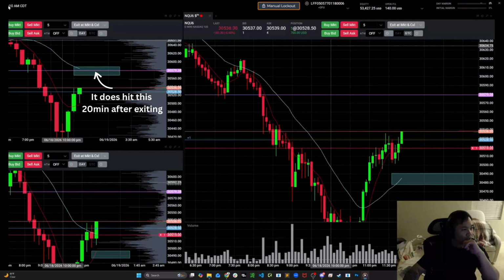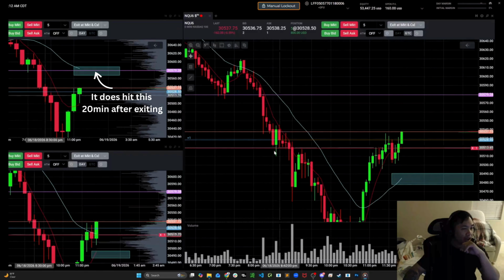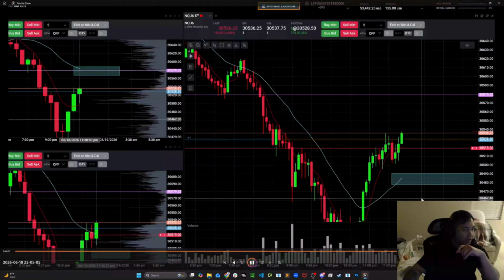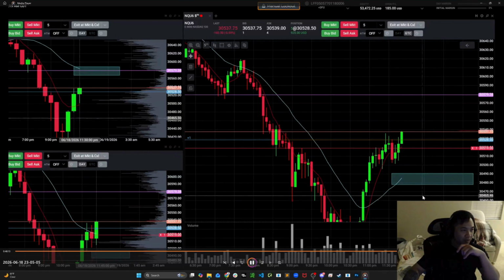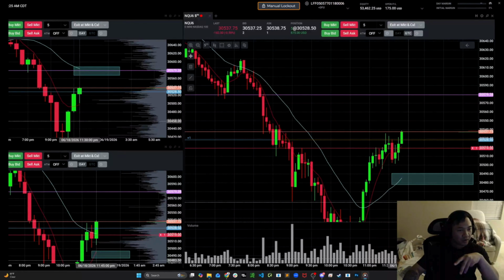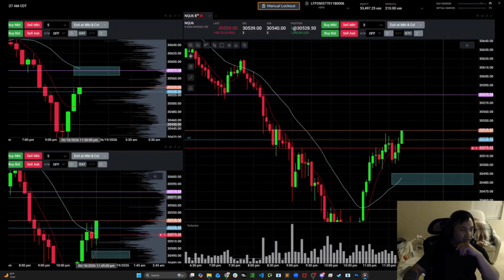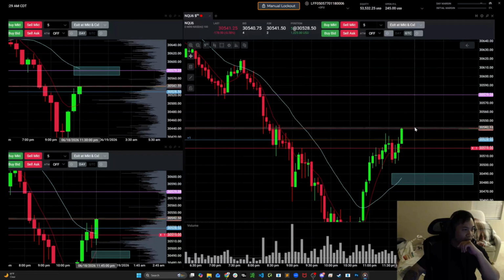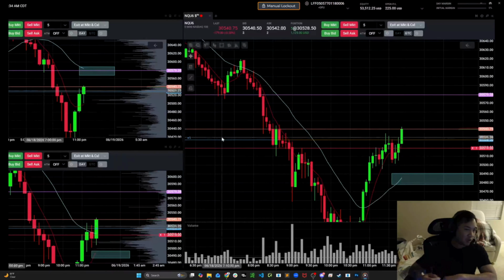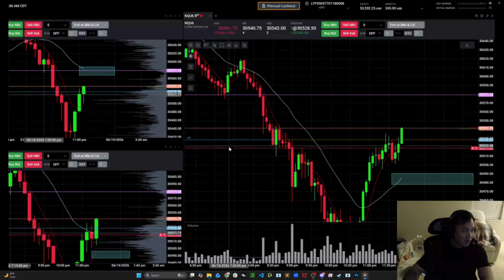Also, one other thing is I always keep an eye on the time frames. I always look at the countdown timer. So if there's a new 5 minute forming, a new 15 minute, a new 30, a new 1 hour, or a new 4 hour forming, that is something to keep an eye on, just because price reacts differently every time a new candle forms on these major time frames.